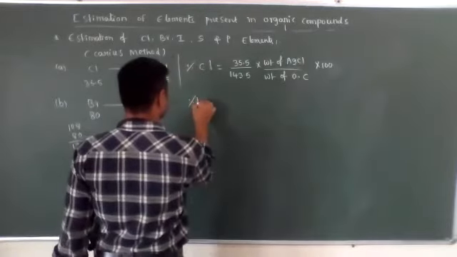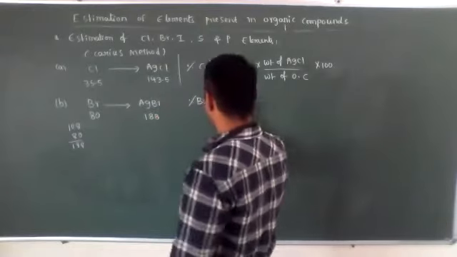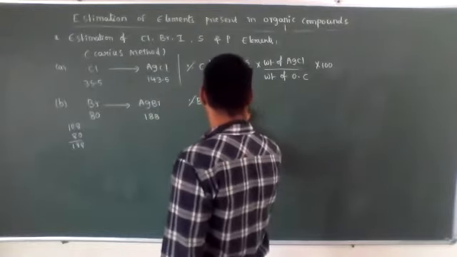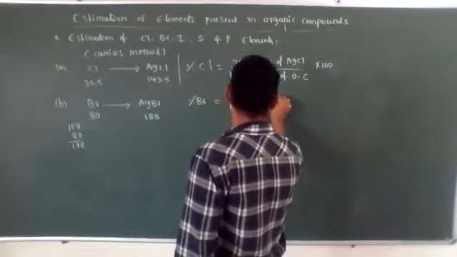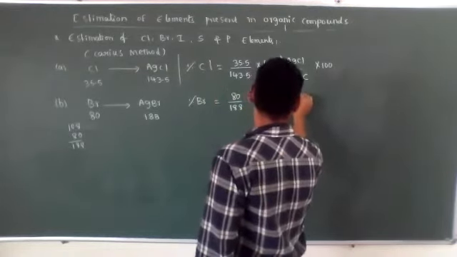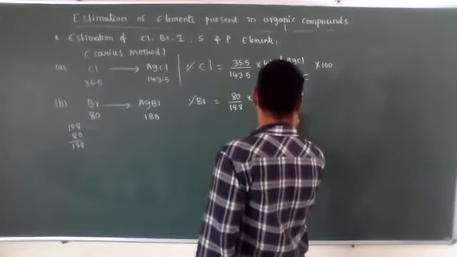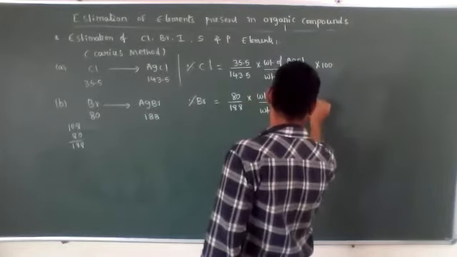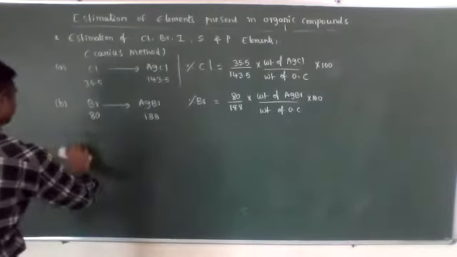Now the percentage of bromine is equal to 80 by 188 into weight of AgBr by weight of organic compound into 100.